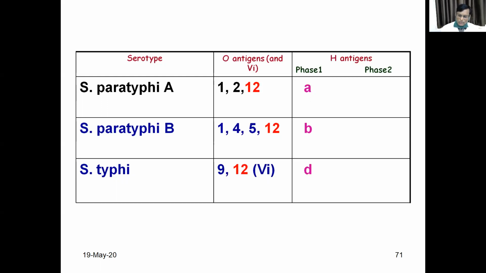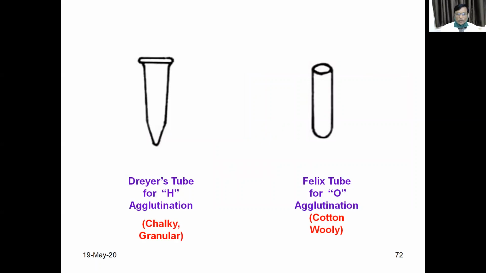Now we will go for the Widal test. There are 2 types of Widal tests, the tube test and the slide test, otherwise called the tube agglutination test and slide agglutination test. Nobody is going to do the tube agglutination test nowadays because it is costly, consuming so many items like different types of test tubes in large numbers. Generally we use 2 types of test tubes of around 5 centimeters length.